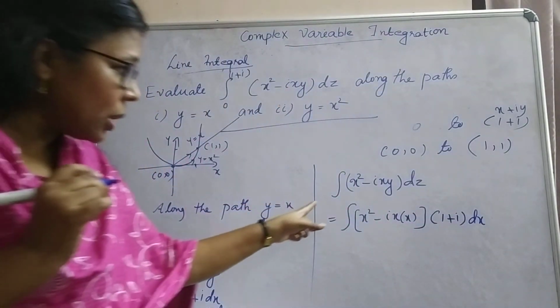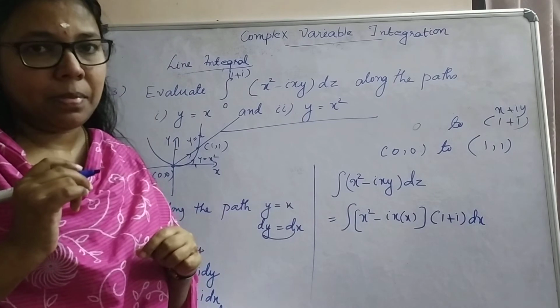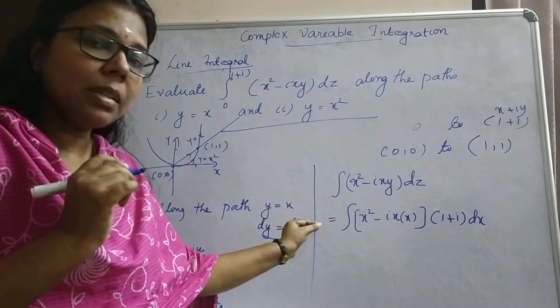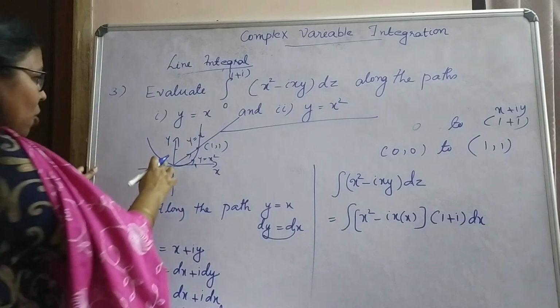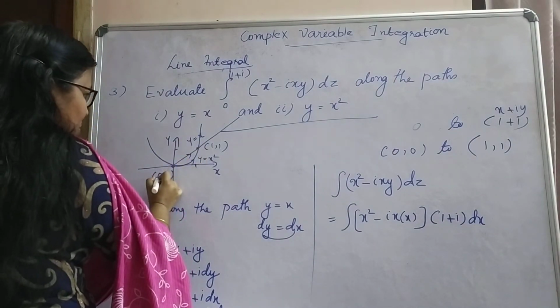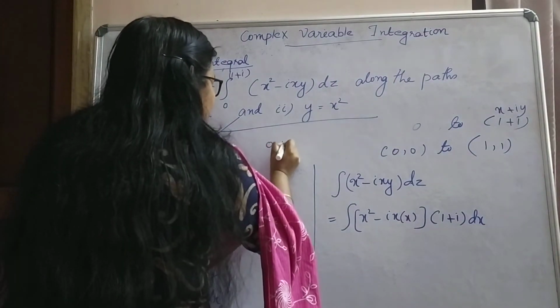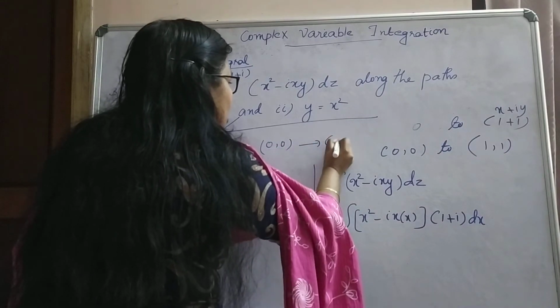It contains only x and dx, therefore we need the limit for x only. Here along y equal to x, the path is from 0, 0 to 1, 1.